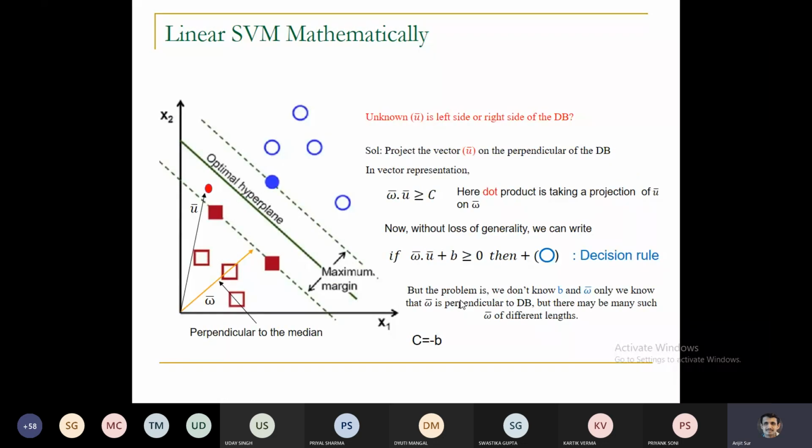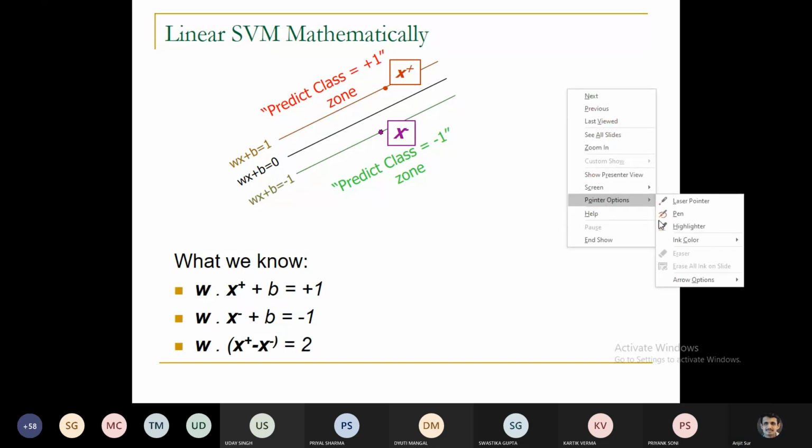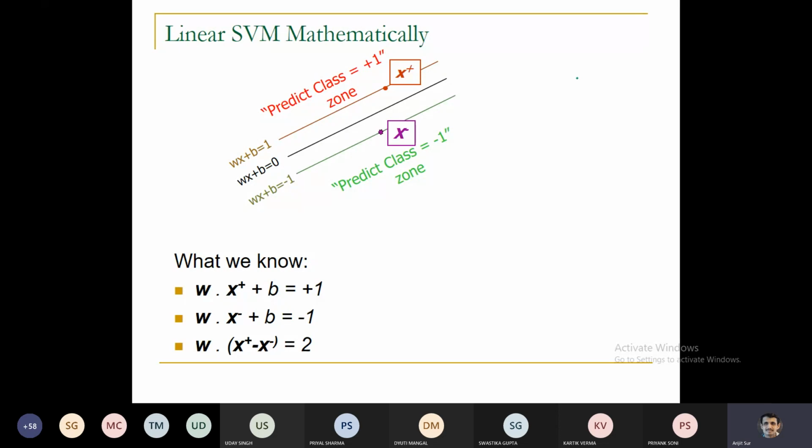A quick recap of the linear SVM: we have a classifier like this, and what we try to find is the flat margin, and these points are basically helping to find this margin.